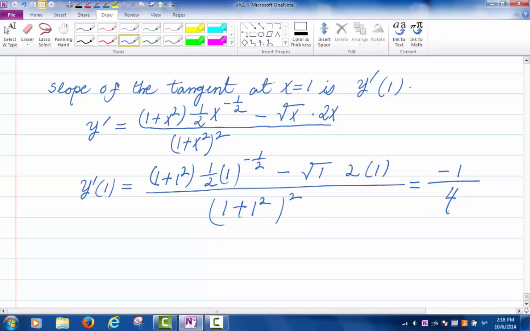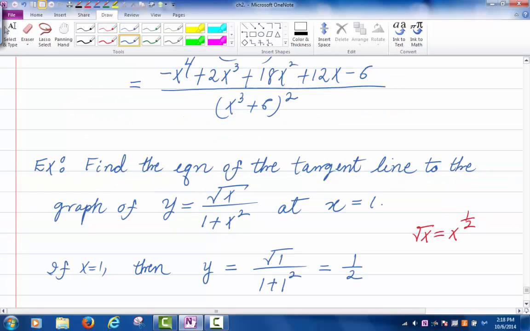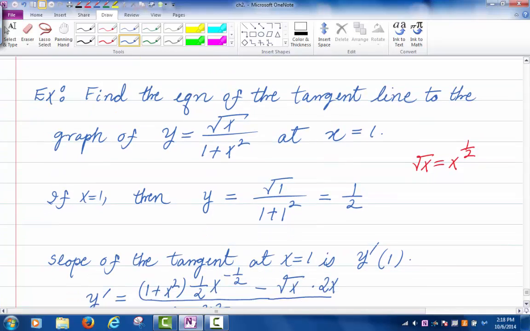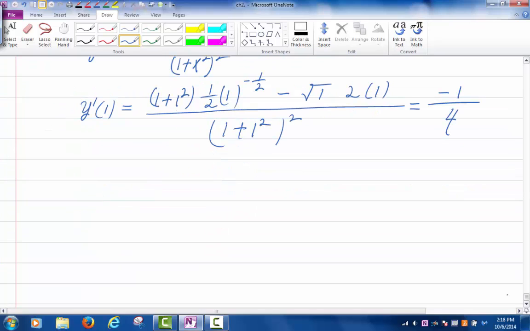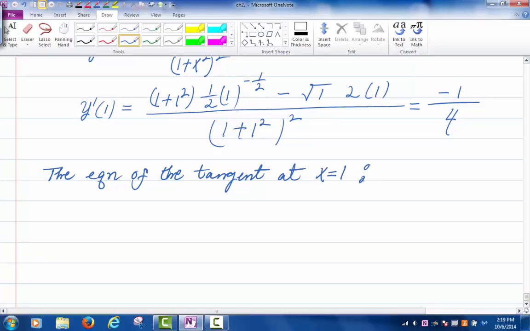So what's the point again? The point was 1 comma half, right? 1 comma half, and the slope is negative 1/4. So if I apply the point slope formula, what do I get? The equation of the tangent at x equals to 1 is given by what?